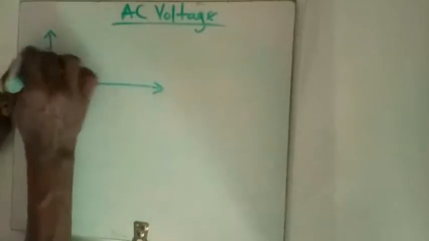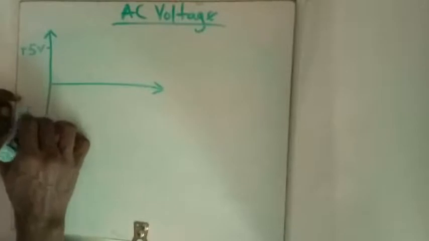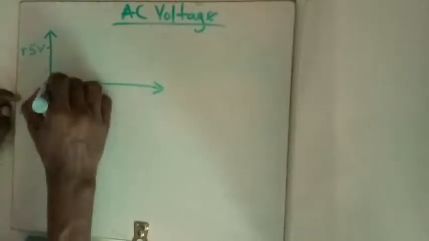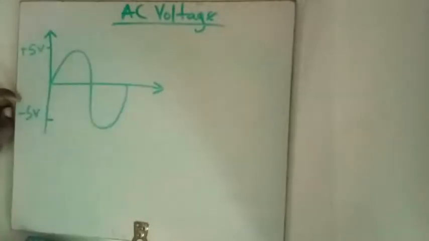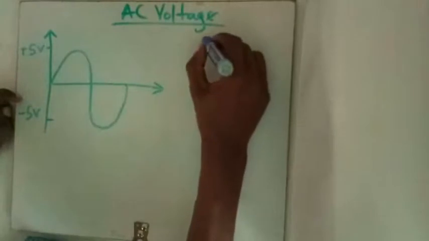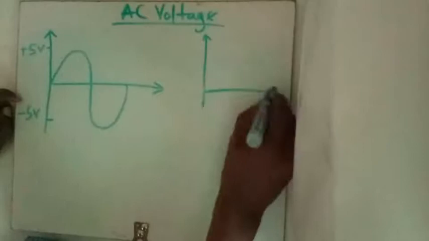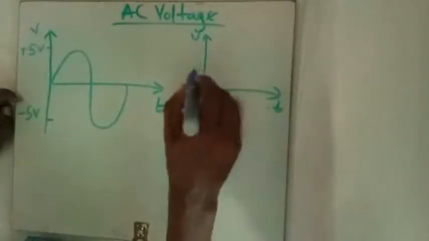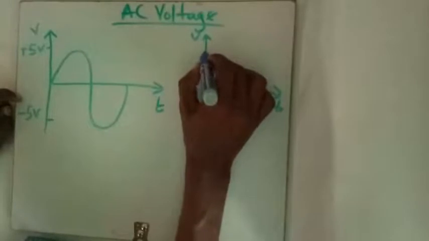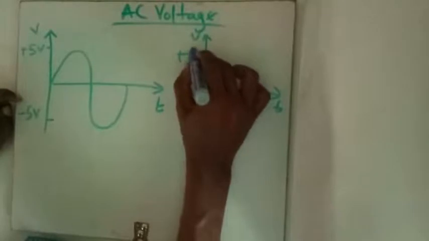and my V peak is positive 5 volts, and negative V peak is minus 5 volts, up and down like this. And I have a DC source nearby, time, volt, time, and it's just giving me plus 5 volts.